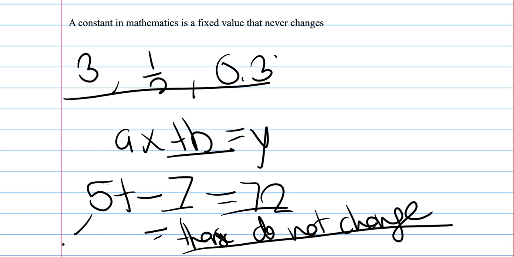The coefficient here is 5, and the variable is t. So that's all you need to know about constants.